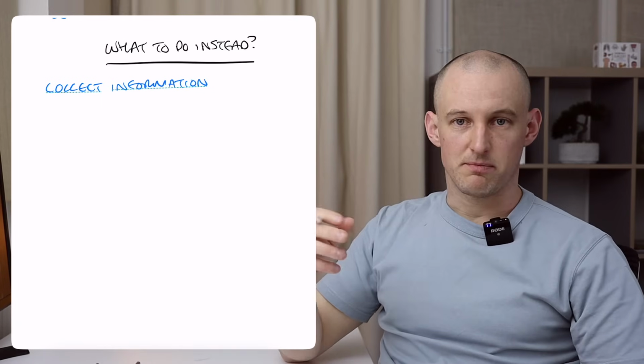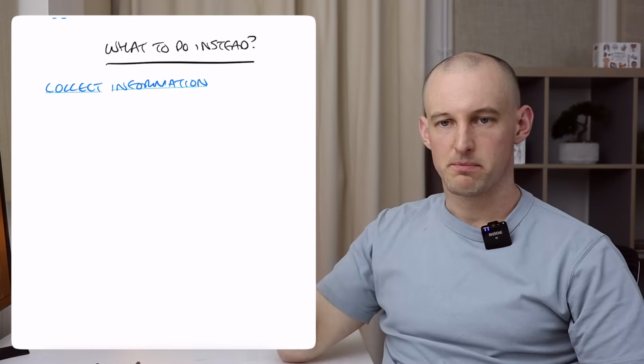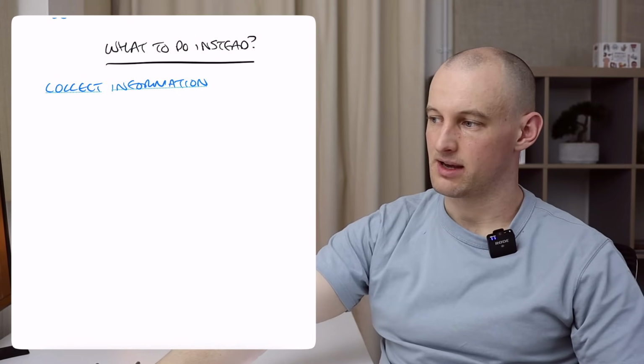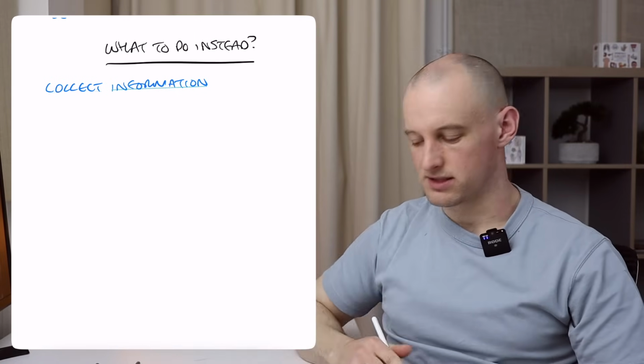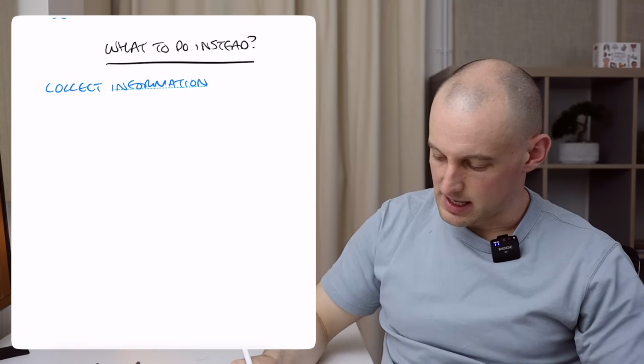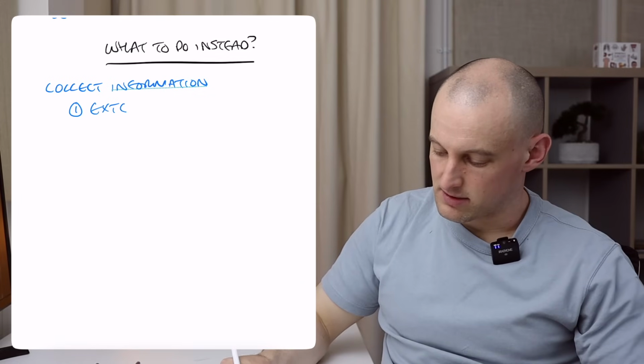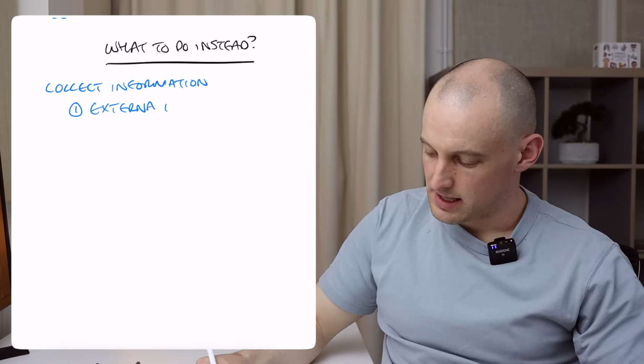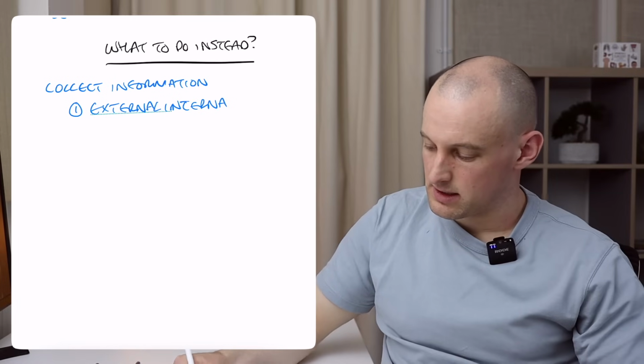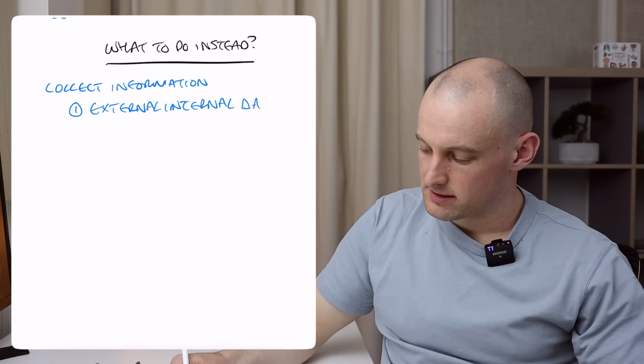This is a good reason because there are so many different sources. But like we've said, there are all these limitations. So what I would suggest here is this external, internal database strategy.